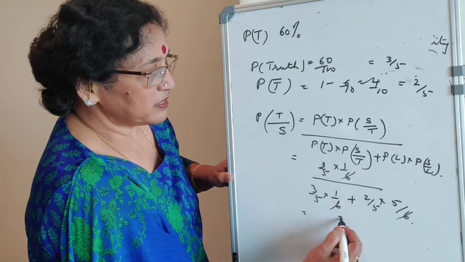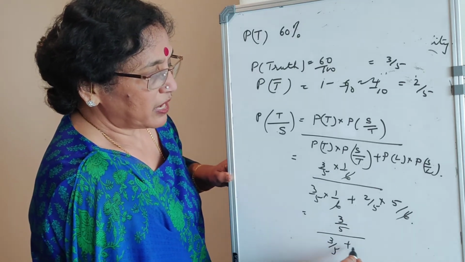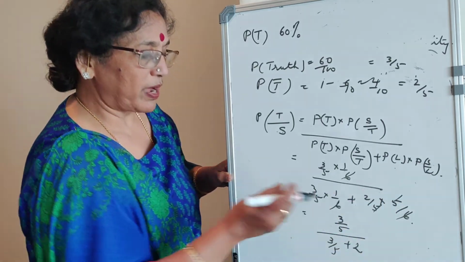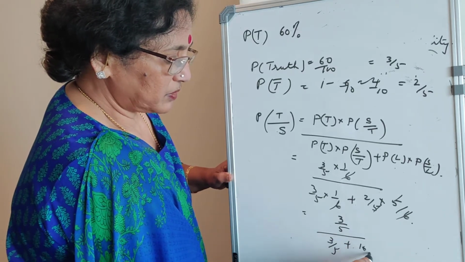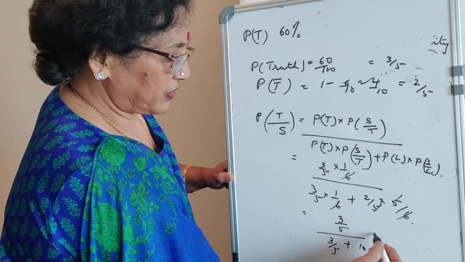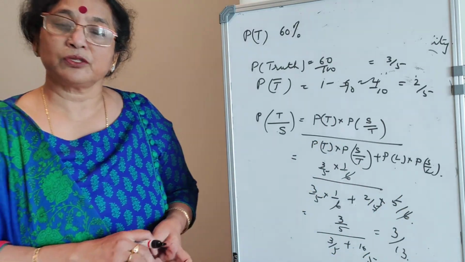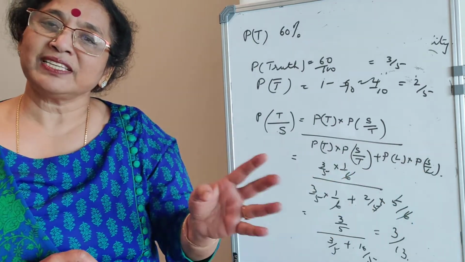And therefore it is 3 by 5, and you have the 5 also gets cut, plus 2. And then you add it up, or you can say 10 by 5, so you have 3 by 13.